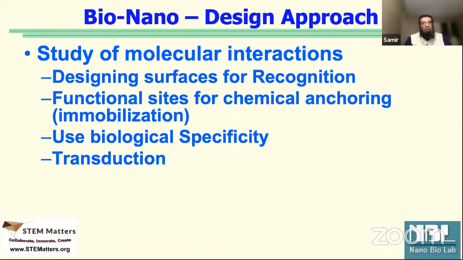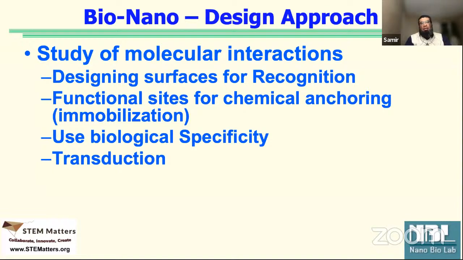Now in all those cases, the recognition occurs at a molecular level. And that's where we want to employ a nanosensor. So we can look at those molecular scale reactions to see if a target entity exists or not.